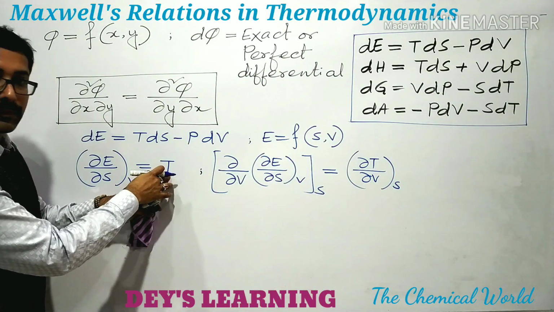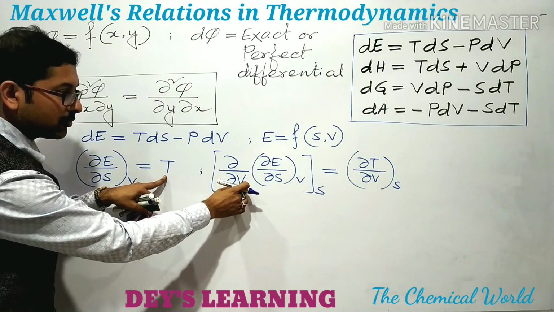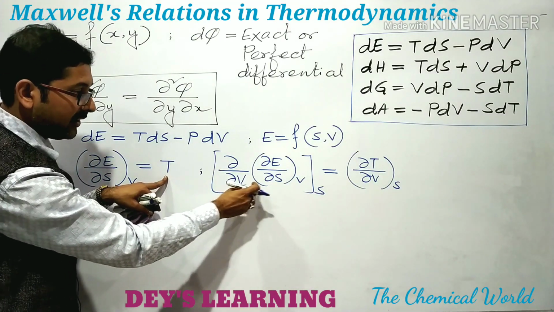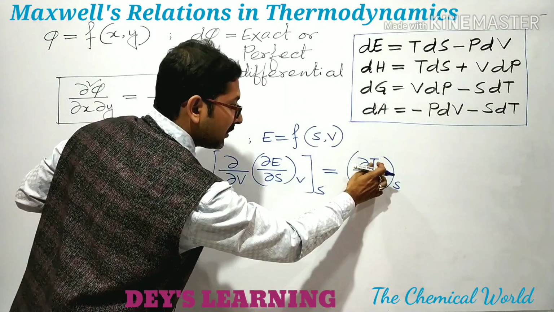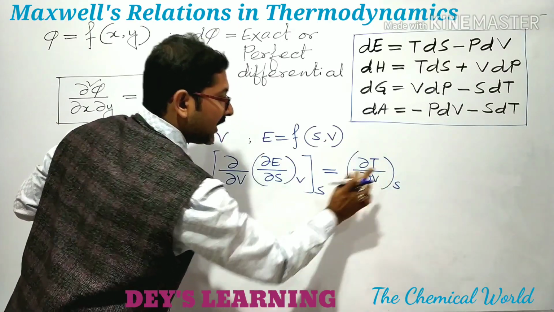This one is T, and it is differentiated with respect to volume V at constant entropy. That is del T del V at constant S.